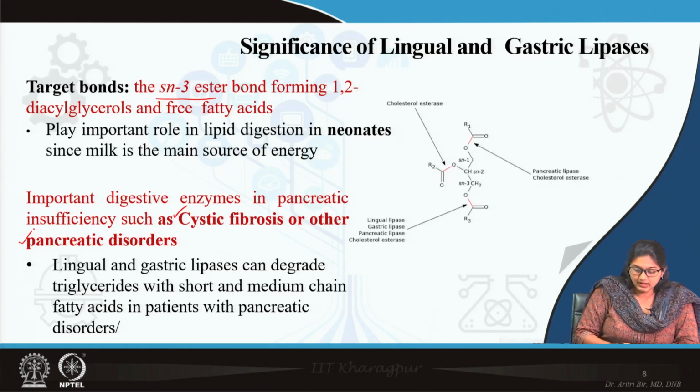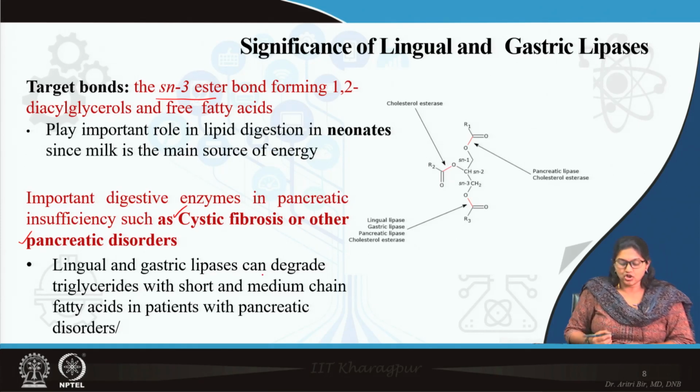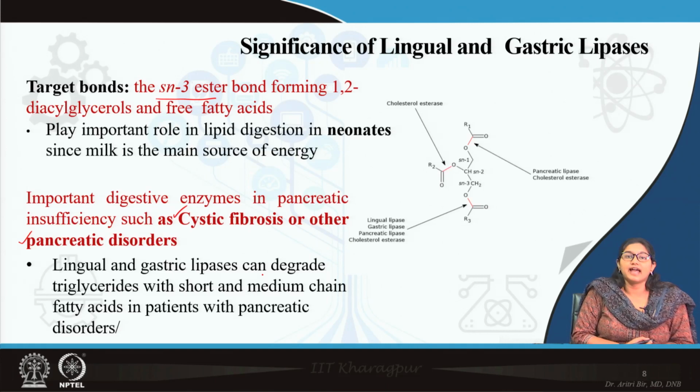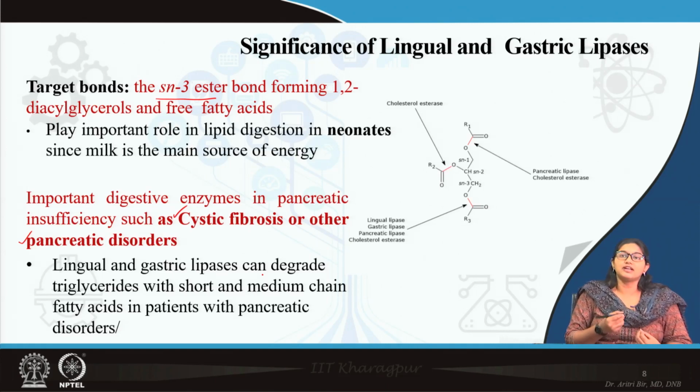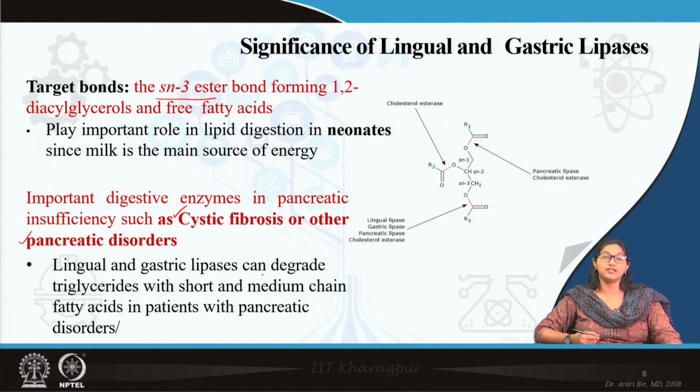So, they can degrade those short chain and medium chain fatty acids and can survive. So, these gastric and lingual lipases are important in this type of pancreatic disorder, metabolic disorders, pancreatic insufficiencies.